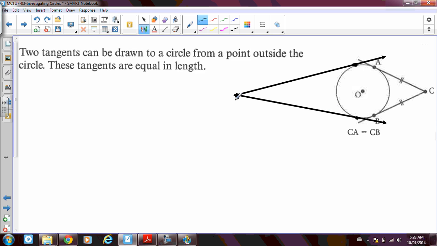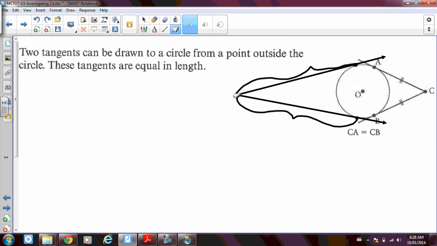So from here to here, this distance and this distance will be identical. And that's regardless of where that starting point lies in space.